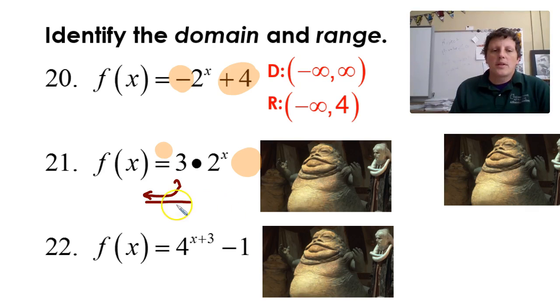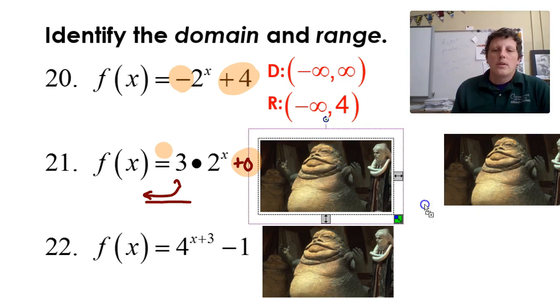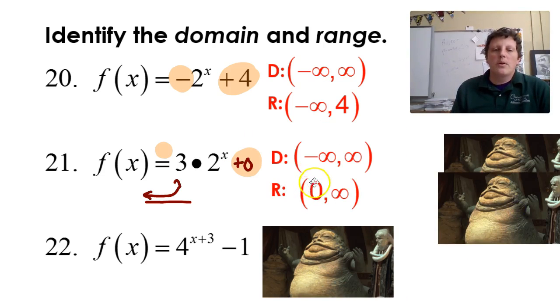So for our range, we're going to start at the asymptote and go up forever towards infinity. Now, you might be thinking, well, Mr. Ezra, there's no asymptote here. Well, there is an asymptote. It's just not shifting up or down, so it's going to stay at 0. So our range will be from 0 to infinity because it does not reflect down across the asymptote. It's from the asymptote to infinity.